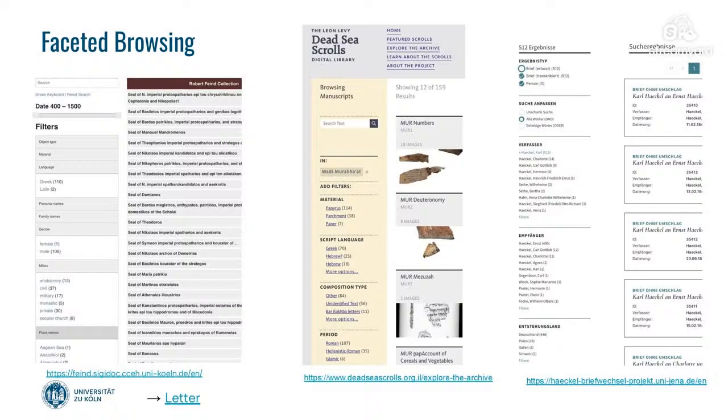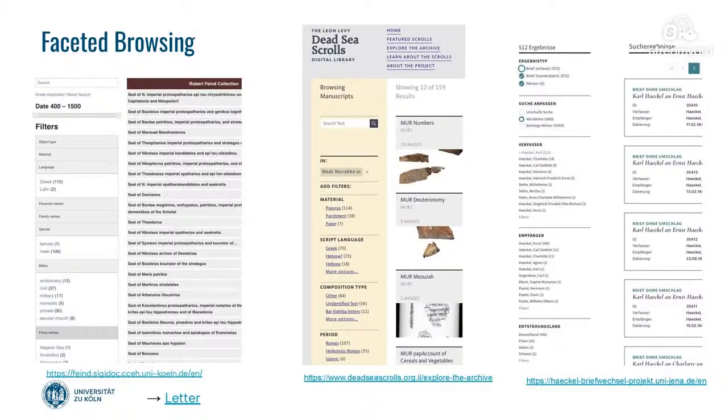Usually they are provided, and I think that's true for editions and also for manuscript collections, with some sort of faceted browsing. You have a page where you can search with specific filters, and they differ depending on the collection or on the objects and the purpose of the objects that are presented.